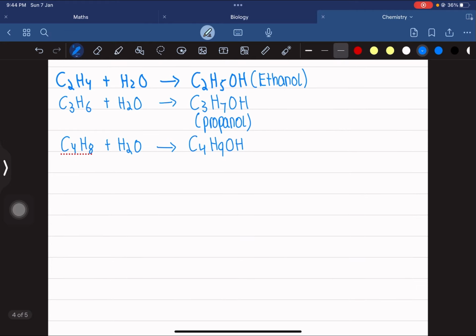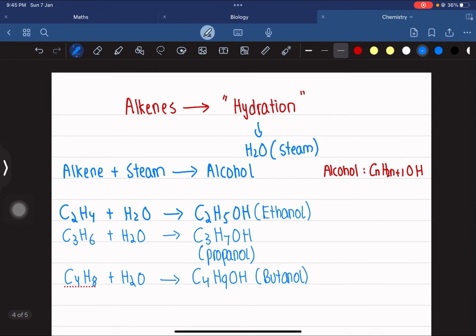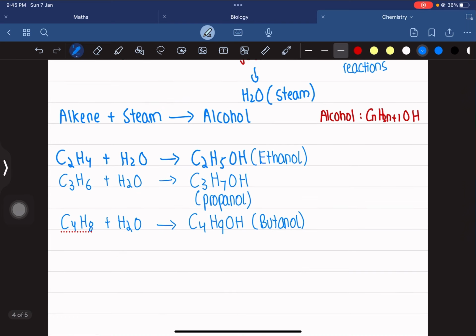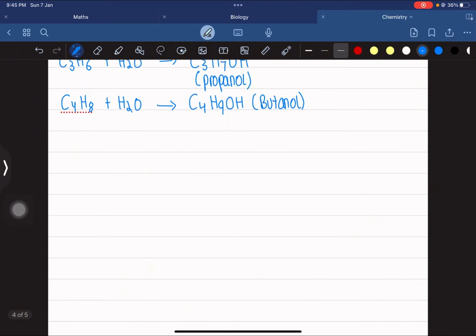This is butanol. Now let's draw the structural formula for these three. And remember, all of these reactions are addition reactions, because alkenes always undergo addition reactions. Alkanes, on the other hand, never undergo addition reactions. This is because alkenes have a double bond.